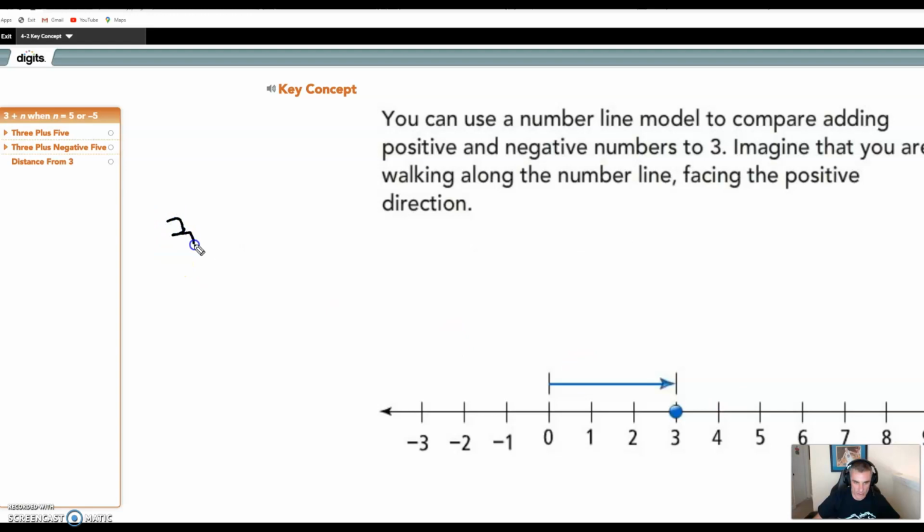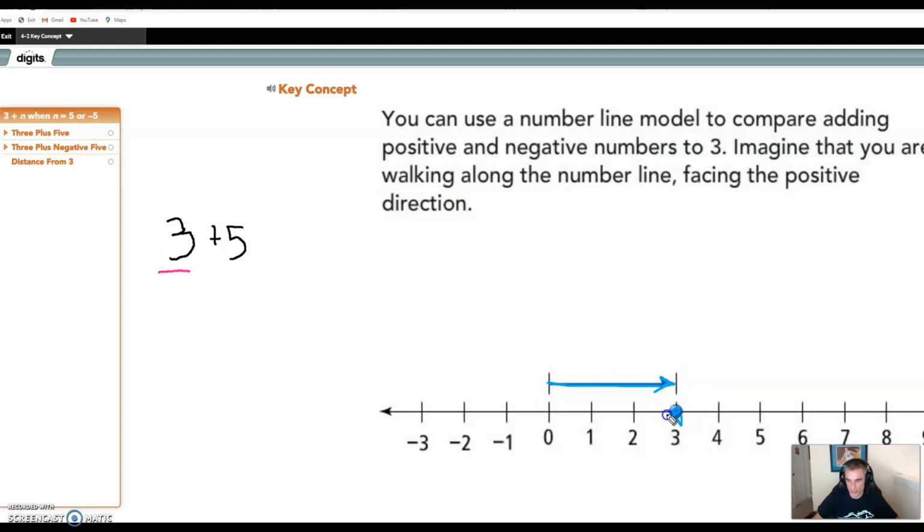And really, we all know it's 8, but the purpose of this is to see how we're going to use the number line. So when you're using a number line to solve a problem like this, the first number is your starting point. So notice if I go down here, they've started at 0 and they have this blue arrow going all the way out to 3.